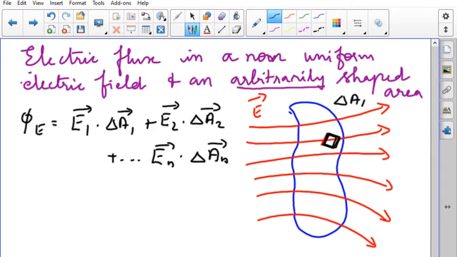So we can write it as sigma i is equal to 1 to n Ei dot delta Ai.